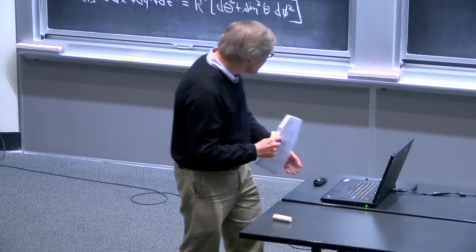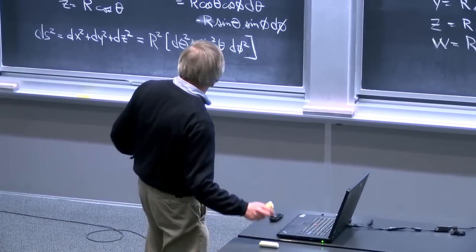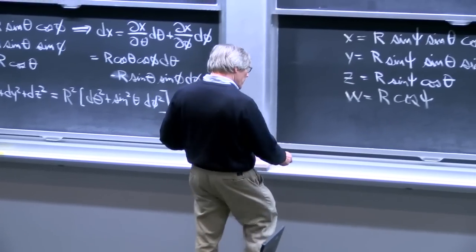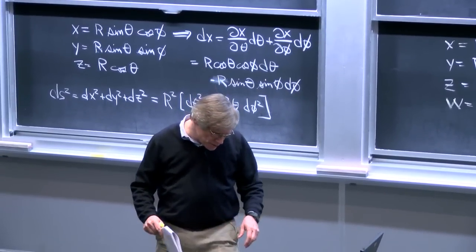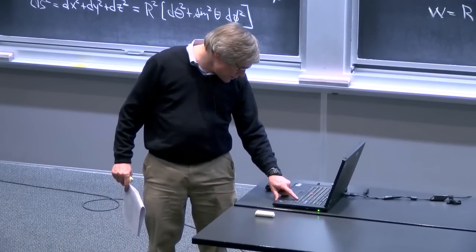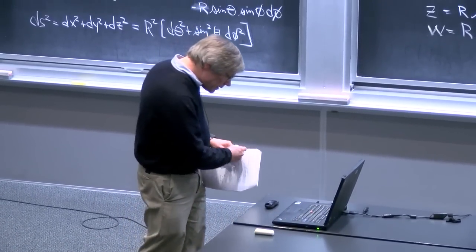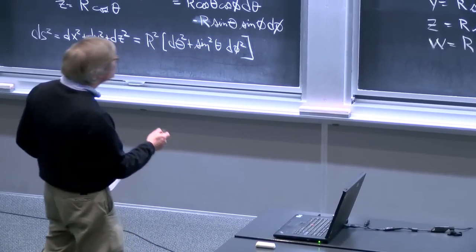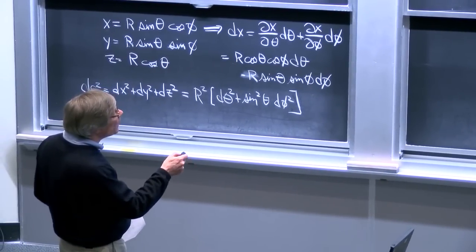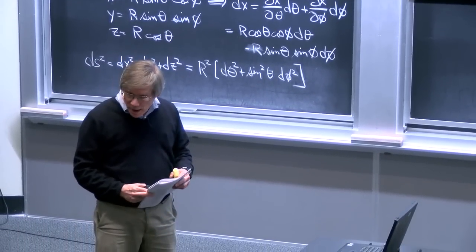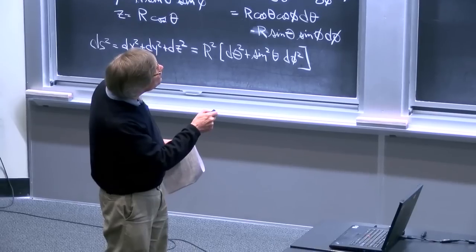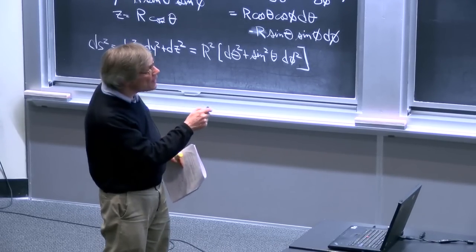We should say something about the range of these angles. The original angle phi, maybe I should go back a few slides now. The original angle phi, as you can see from the slide, goes around the xy plane. So it has a range of 0 to 2 pi. The original angle theta is an angle from the z-axis.